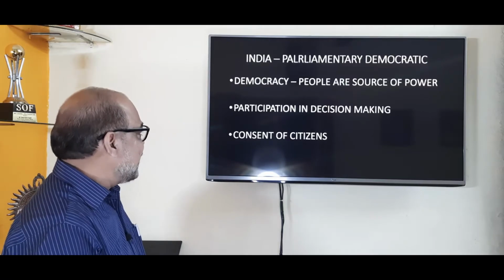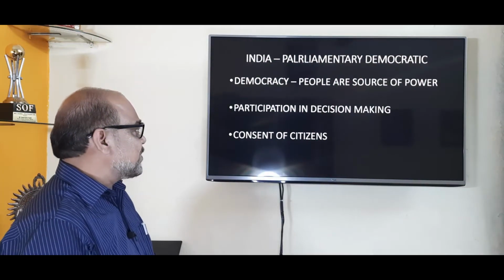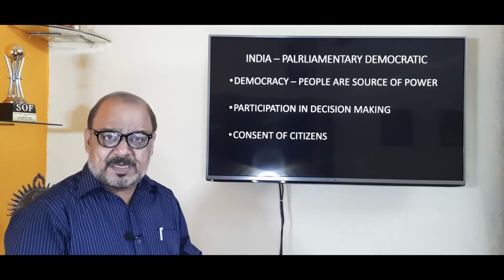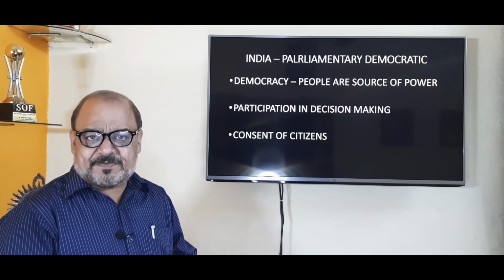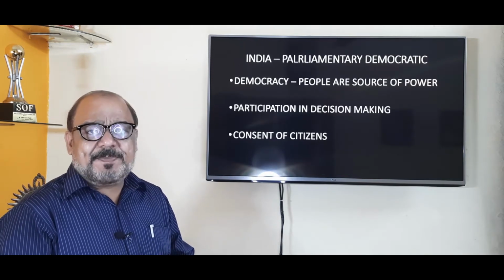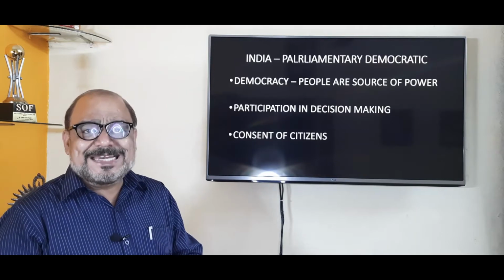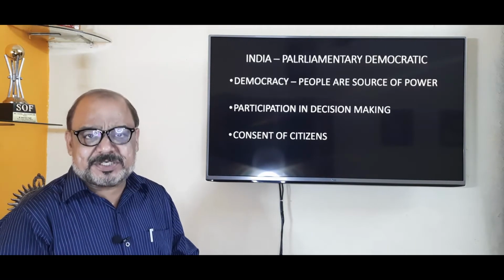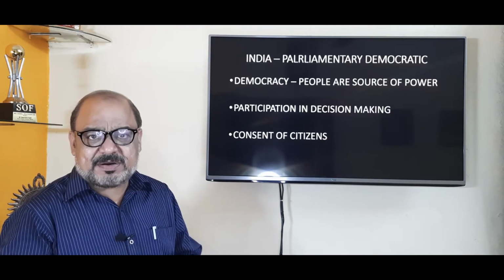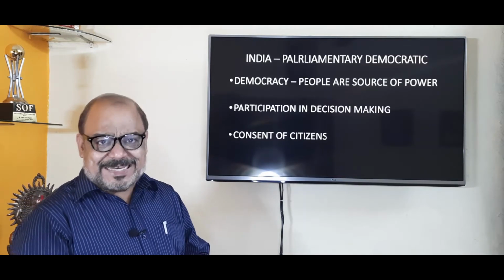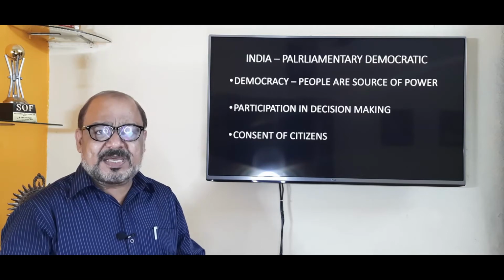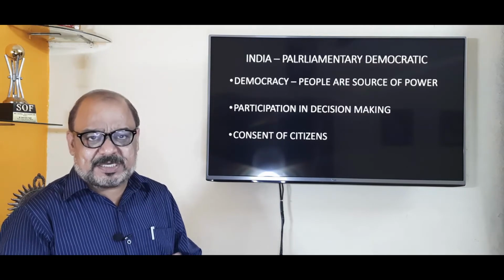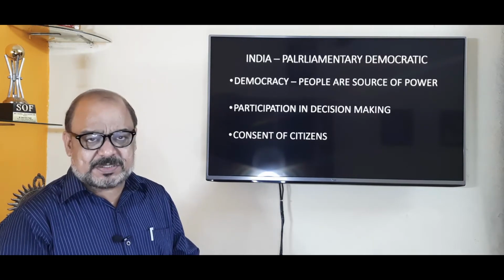Now, the second important thing is participation in decision making. In the parliamentary form of democracy, people participate in decision making process through their representatives. Because their elected representatives participate directly in making of the laws.